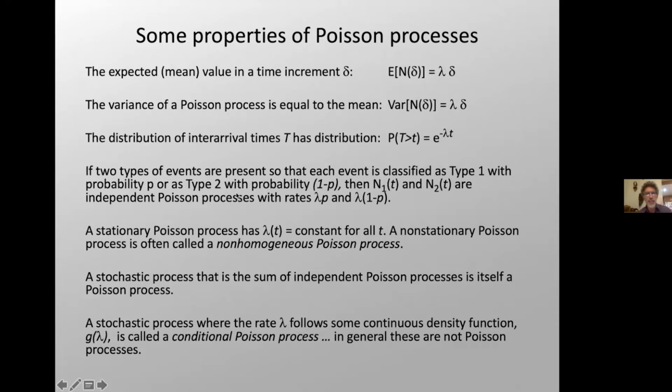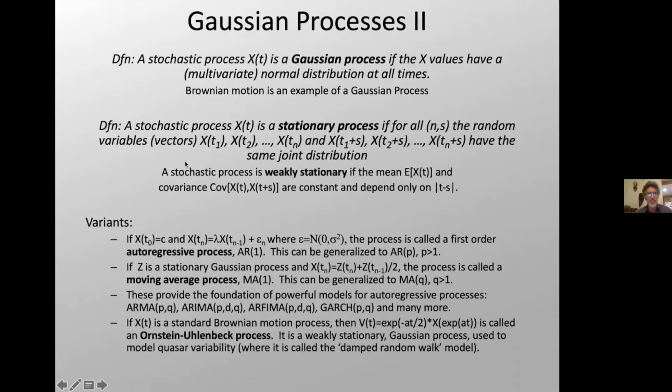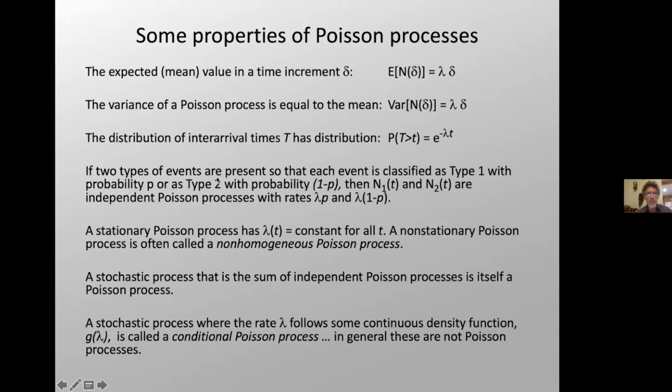So if you have two types of events with different probabilities, let's say you have two kinds of counts, let's say high energy and low energy or something like this, red or blue or something like that, okay?